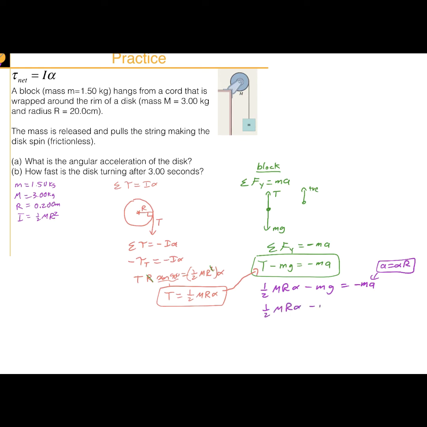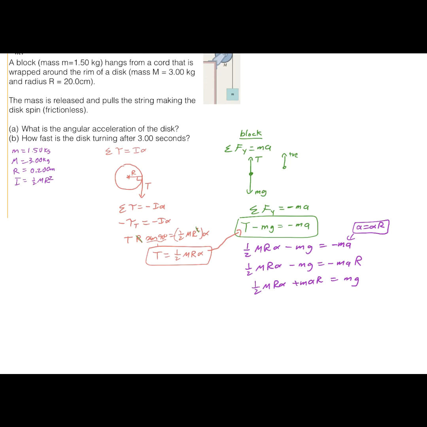So now let's rewrite this. 1/2 mr alpha minus mg equals minus m alpha r. I'm going to collect all the alphas on the left-hand side, like this, and move everything else to the right side, like so. I can factor out that alpha, and it's equal to mg.